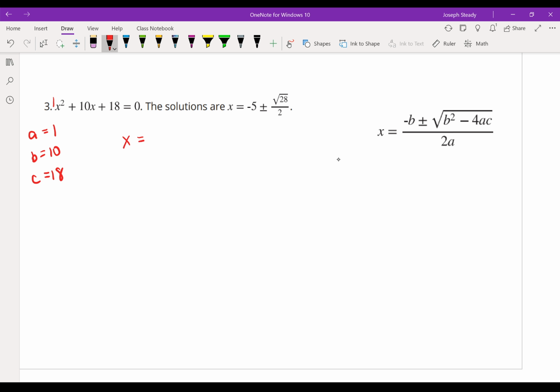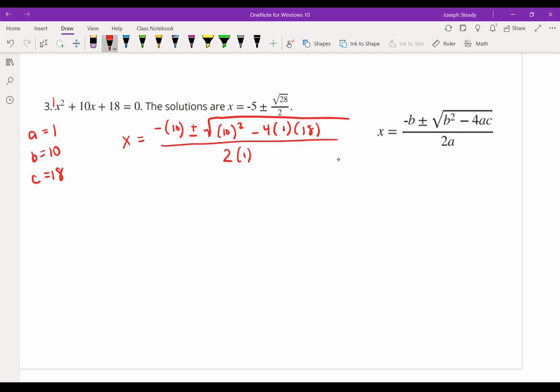So x equals -b, and this time that is -10, plus or minus the square root of 10 squared, that's b squared, minus 4 times 1 times 18. That is 4 times a times c. All divided by 2 times a, which is 2 times 1.